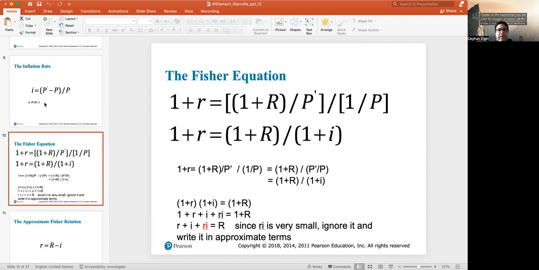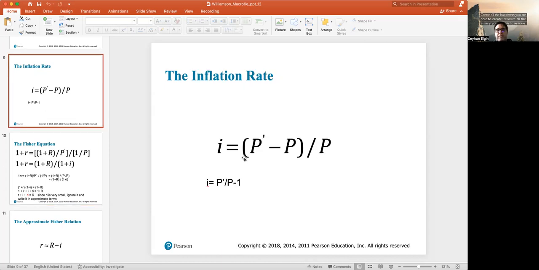But first of all, we have to remember the fact that inflation is this. We are denoting inflation by the letter I. What is inflation? Percentage change in the CPI, right? That's what we have learned before. Inflation is equal to the percentage change in the CPI, Consumer Price Index. And let's say CPI is denoted by P. So the current period CPI is P. Next period, next year, next month, whatever, CPI is P prime.